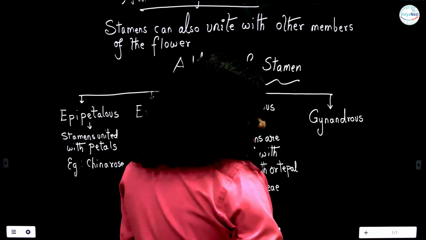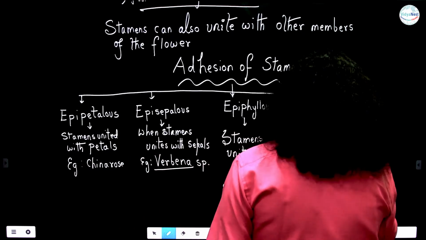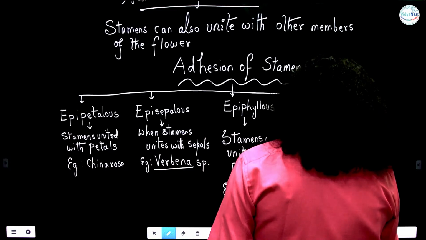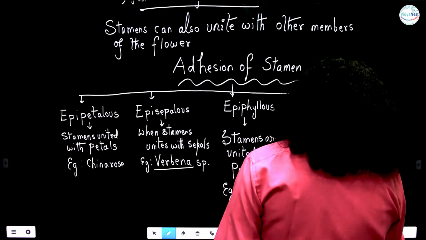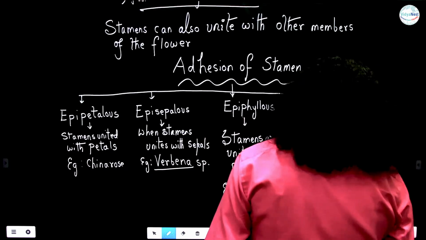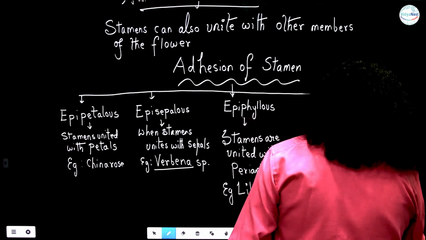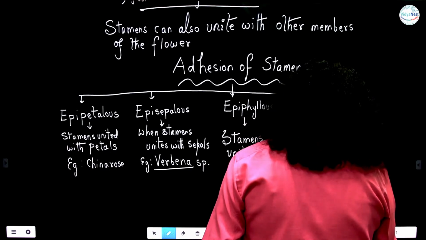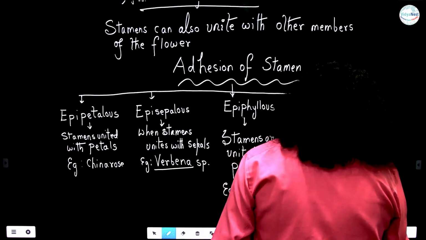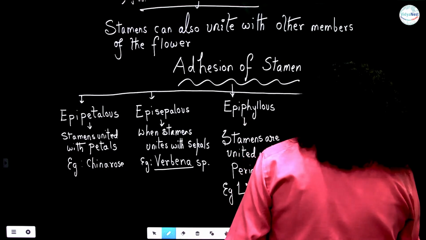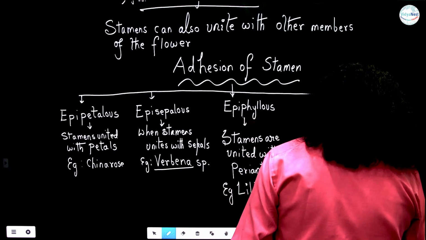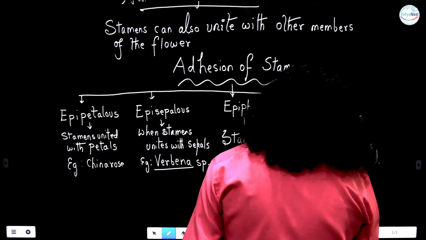Now, in this condition, that is the gynandrous condition, stamens are associated with the gynoecium.